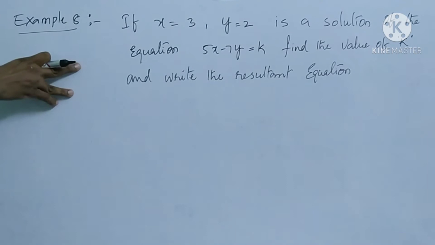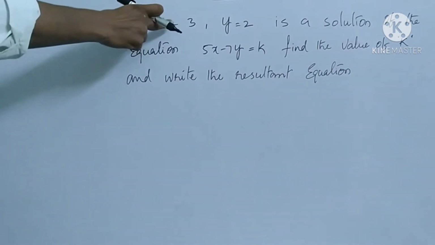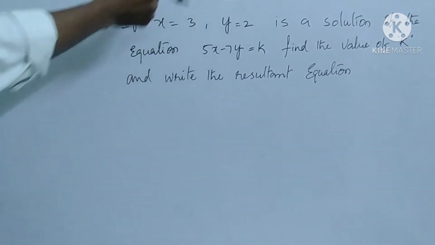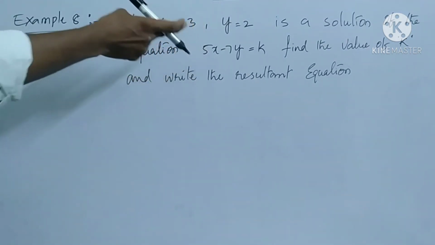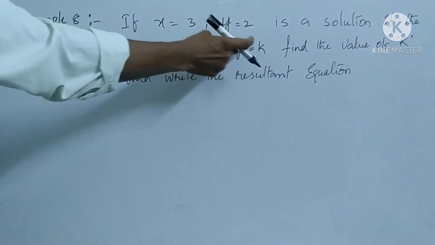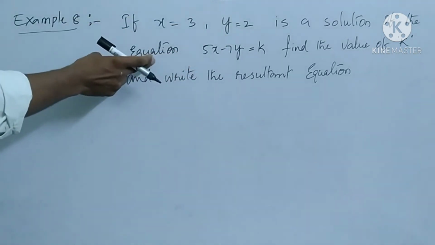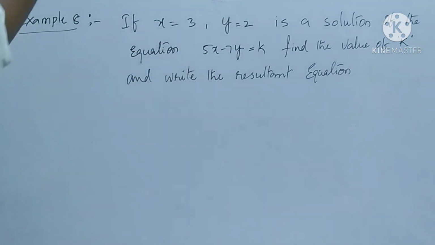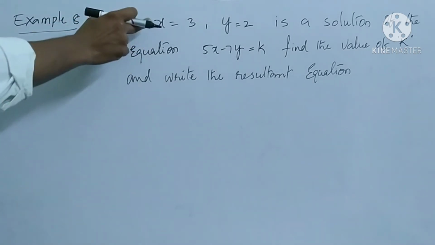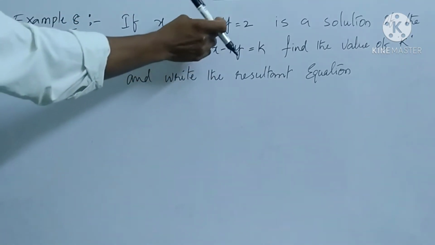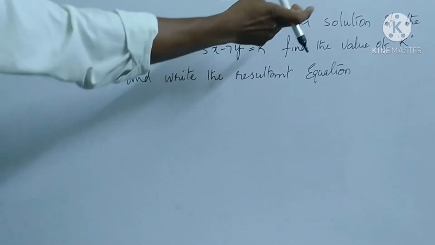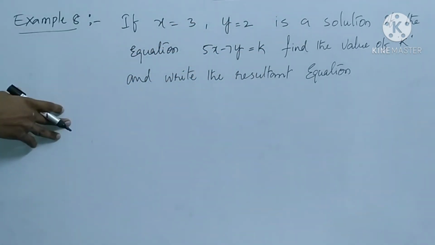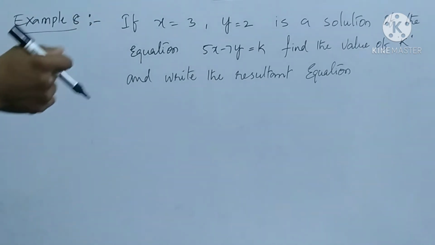This is our example 8. If x is equal to 3, y is equal to 2 is a solution of the equation 5x minus 7y is equal to k, find the value of k and write the resultant equation. This is our question. So here x is equal to 3, y is equal to 2. Find the value of k and write the resultant equation.